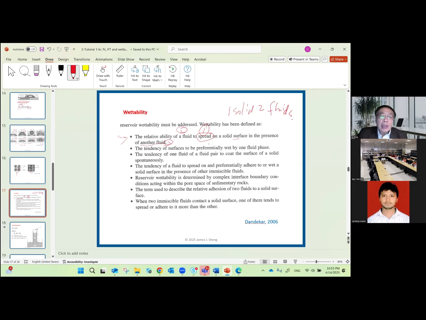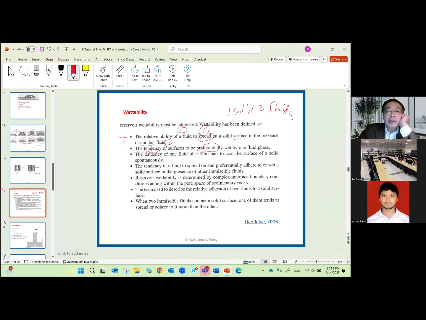The second definition is the tendency of a surface to be preferentially wet by one fluid. So you can see it's about relative preference, or tendency.